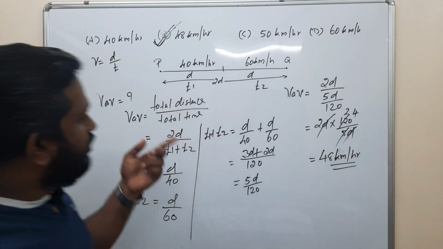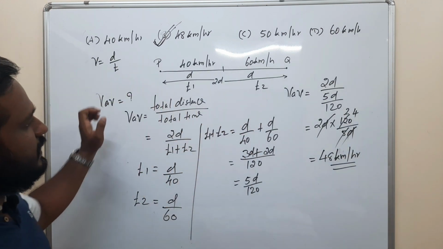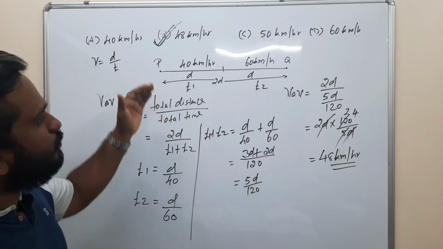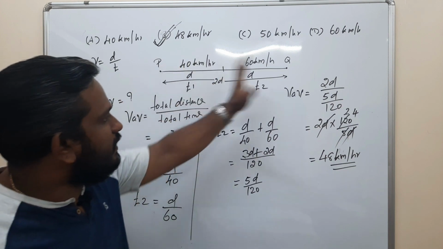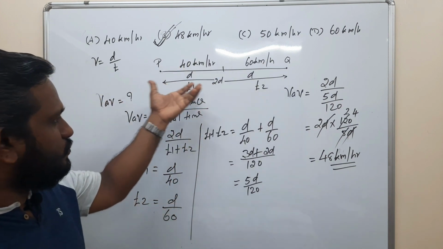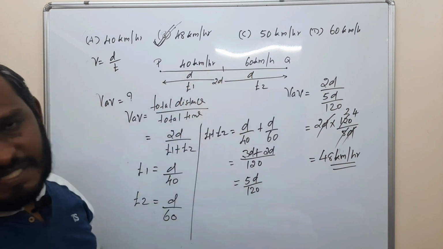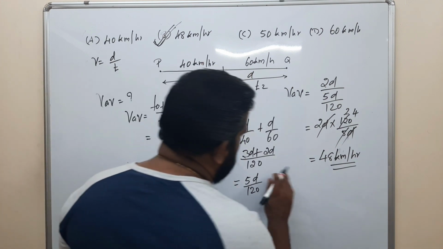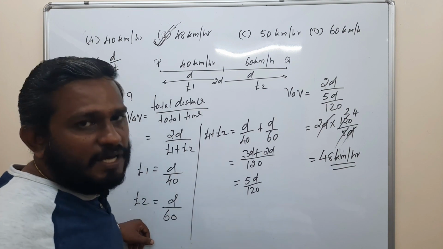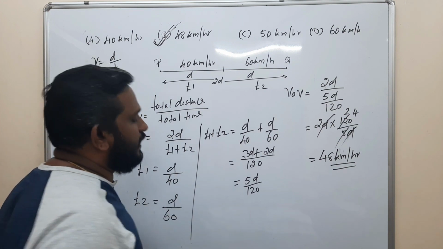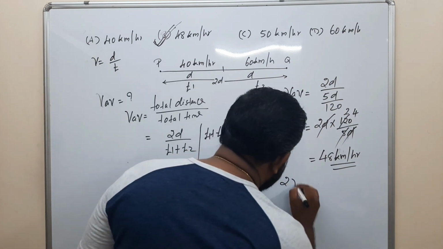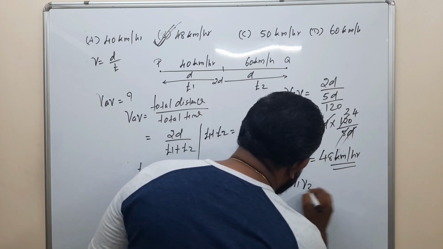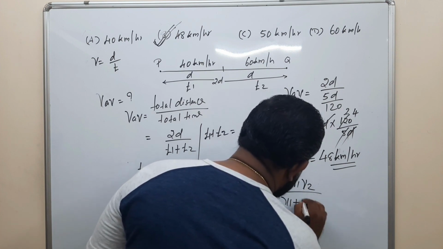Another shortcut for this question: if a car, vehicle or object moves half of the distance and another half of the distance, if the two parts of the distance are the same, then immediately for average speed or average velocity we can apply the formula 2 v1 v2 divided by v1 plus v2.